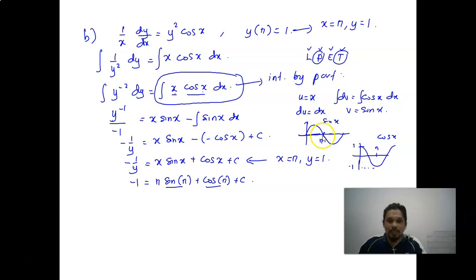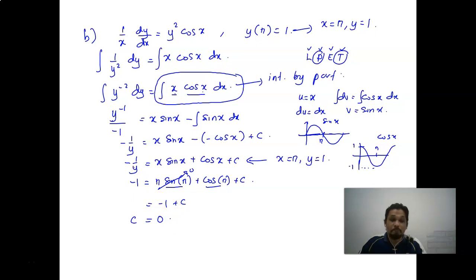So sine pi equal to 0, and cos pi equal to negative 1, plus c. So then c equal to negative 1, bring to the other side, become positive. Negative 1 plus 1, 0.